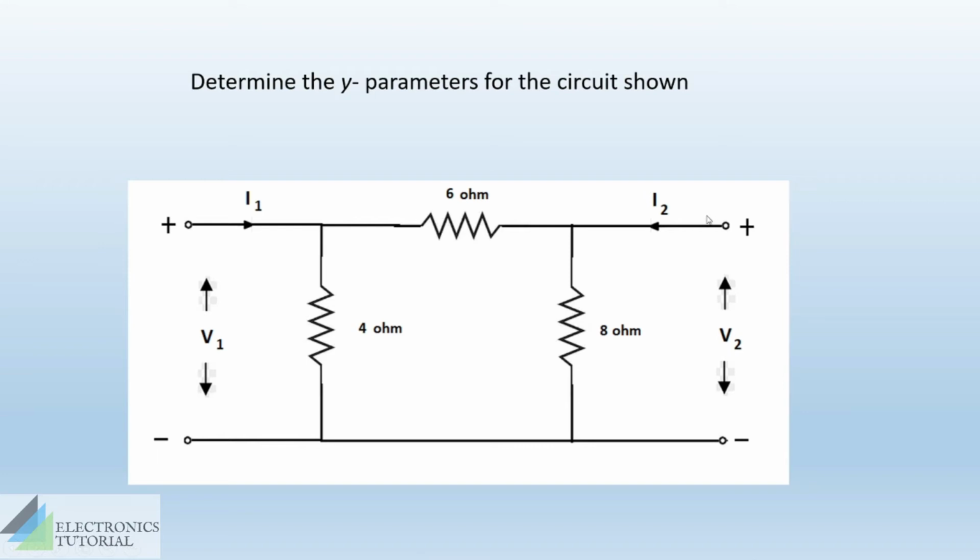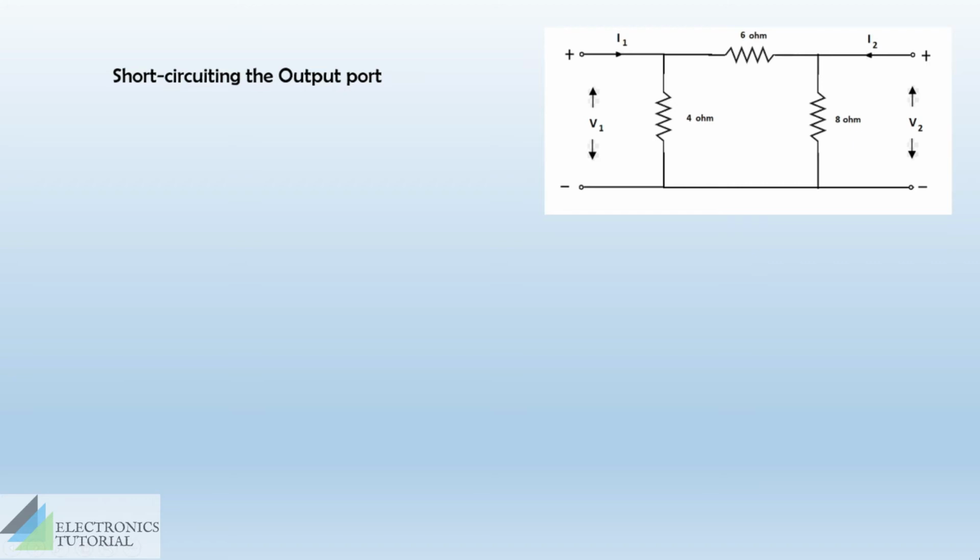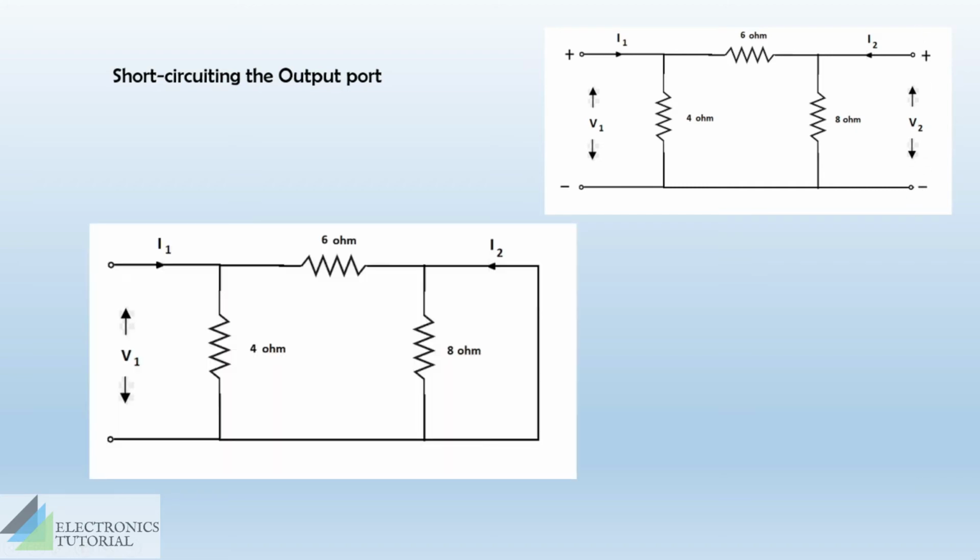We are going to short circuit the output port, and as the next step, we'll short circuit the input port. The first case we have chosen is short circuiting the output port. This terminal should be shorted. The circuit will be like this.